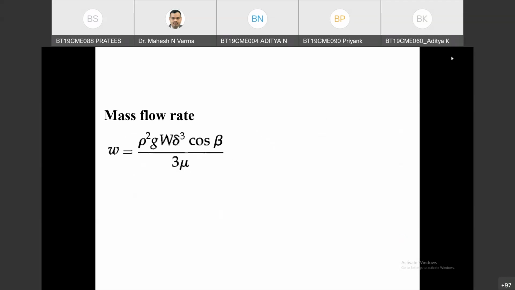Very easy problem actually. So this is the mass flow rate. Density is given, gravitational acceleration is given, width is given, delta is given, cos beta is given, mu is given, everything is given. So this is 0.2 kg per second. Anybody else getting any other answer?